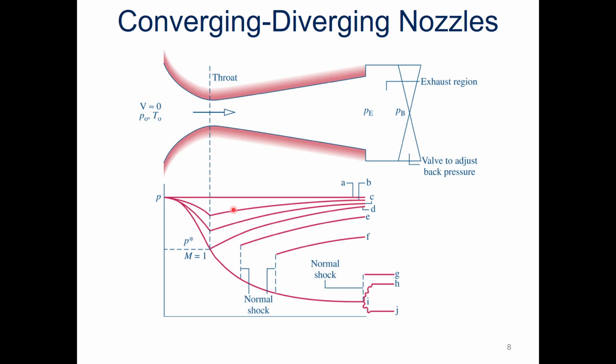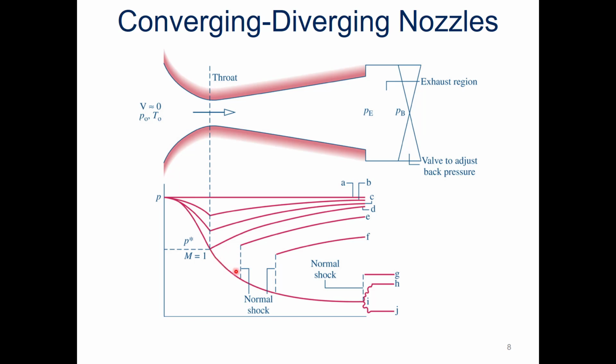All right, so now we get to the interesting part. Case E, we've dropped the back pressure even further, at altitude let's say, but the back pressure still equals the exit pressure. All right, check out what happens. We go through our subsonic nozzle. We increase to sonic, and it actually goes supersonic. The Mach number goes greater than 1.